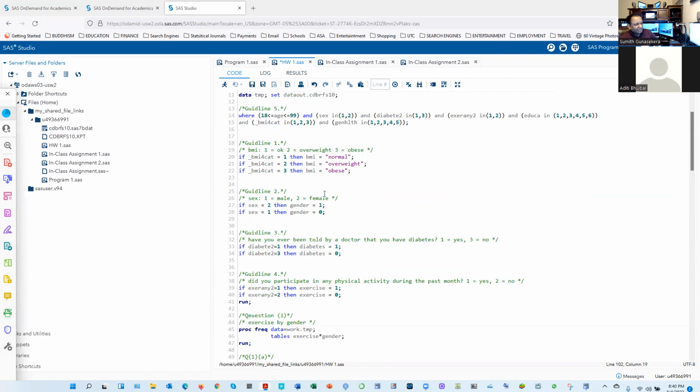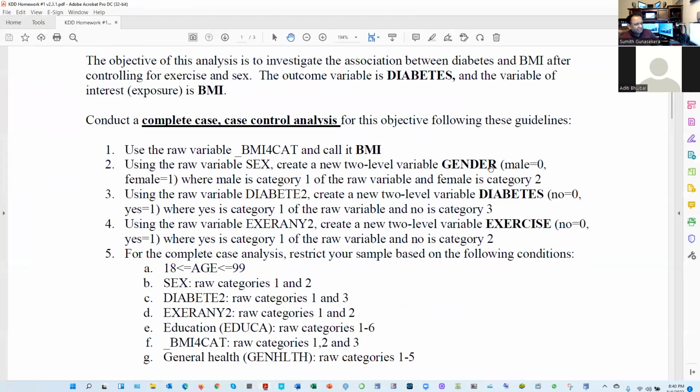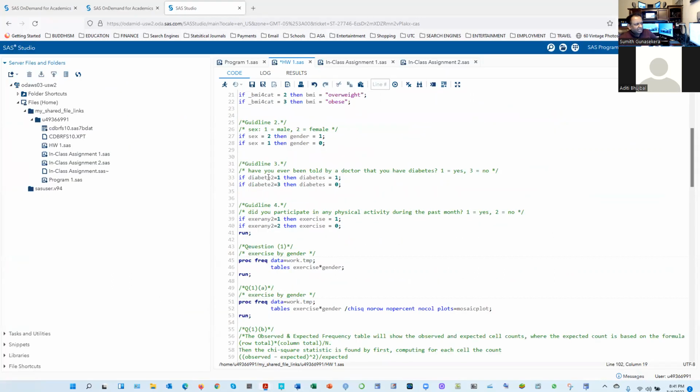Okay. Guideline 2, the gender has been changed. They're going to tell us that sex changes to gender. The gender is actually male, see, 0 and 1. Earlier we had the 1 and 2. Those two replace 2. And guideline 3 is using the role of diabetes, whether you have diabetes or not.